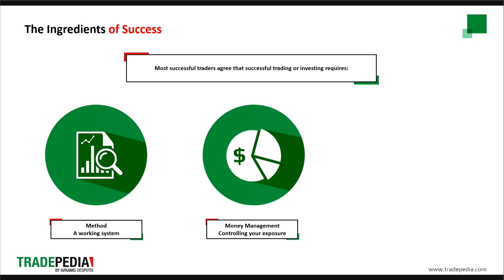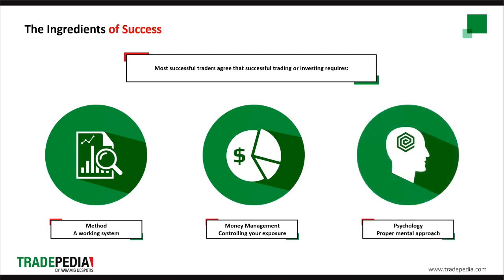So we agreed so far that we need a good method, an accurate method, a method that tells me what to buy and what to sell, where to buy and where to sell it. On top of a good method, we need money management practices. And the third important element of success is the psychology, the proper mental approach.